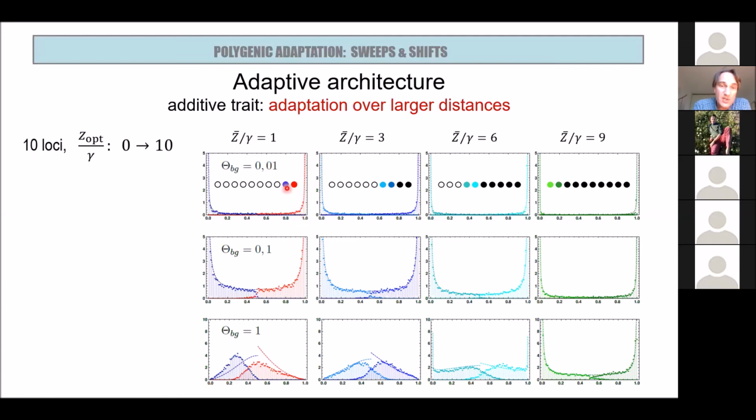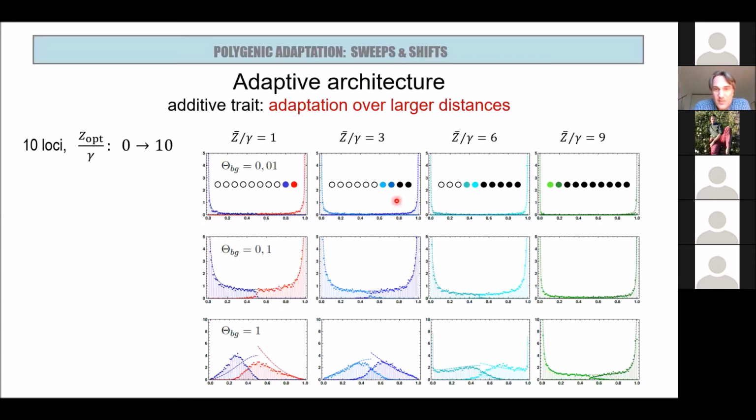And blue is the locus with the second largest allele frequency. This is still here at frequency 0. And of course, all the others have even smaller allele frequencies and therefore are just crumbled together here, somewhere around frequency 0.